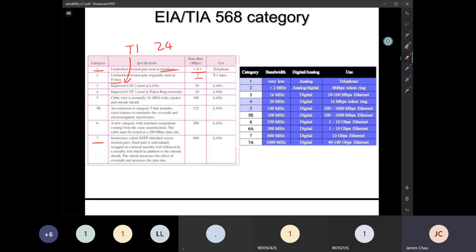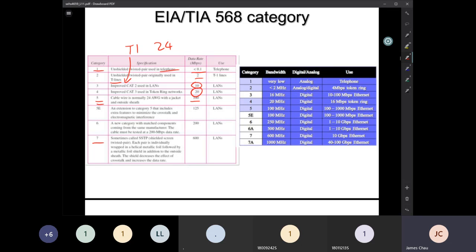And starting from Cat3, we use them in our network. Okay, nowadays I think no one will use Cat3 or Cat4 because the data rate is not high. Okay, at least we are using Cat5, which supports a data transfer rate equal to 1 megabit per second.